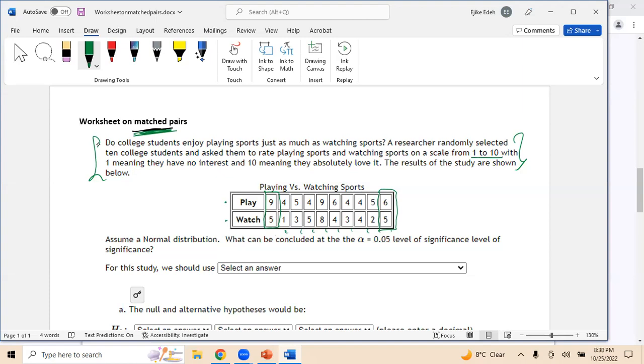So when you have data like this, you're going to use it to address the question. And the question here is, and let me pick up red, I think that will be brighter. The question is, do college students enjoy playing sports just as much as they enjoy watching? That is the question, right?